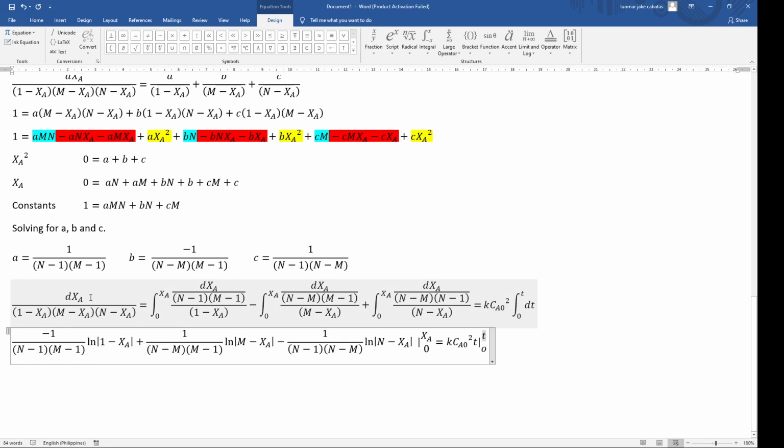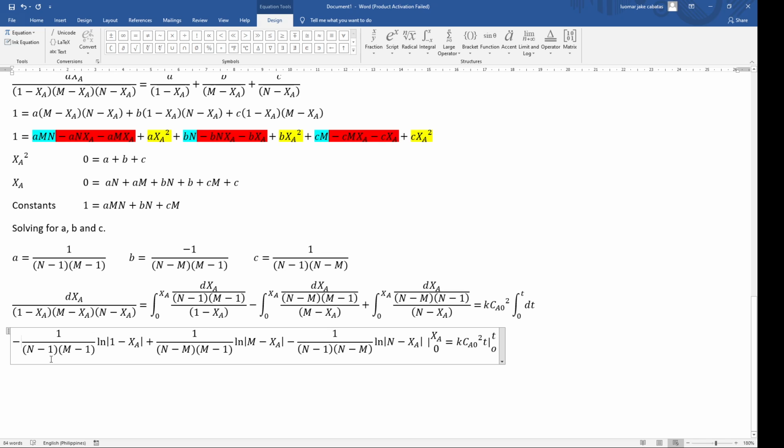So after integration, we will be getting this equation. So kana. So all of this has the limits 0 to xa, and this one is just k 0 to t.